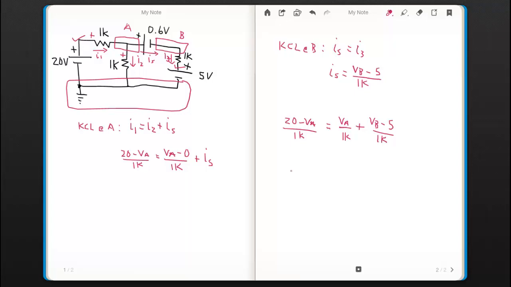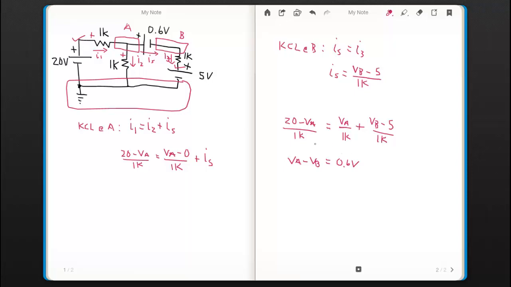VA and VB. So we need another equation in order to solve, and the way we get that is we go back to what I was talking about earlier: the voltage source between these two nodes tells us the difference between the two node voltages. I know node A and node B differ by 0.6 volts, and the polarity tells me which one is greater. So node A is 0.6 volts greater than node B. I can write that VA minus VB is 0.6 volts.